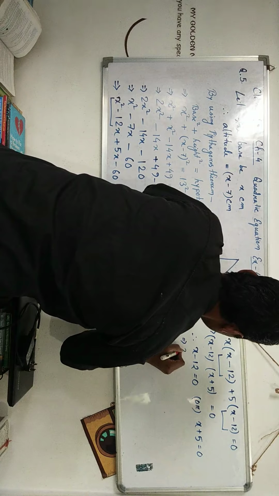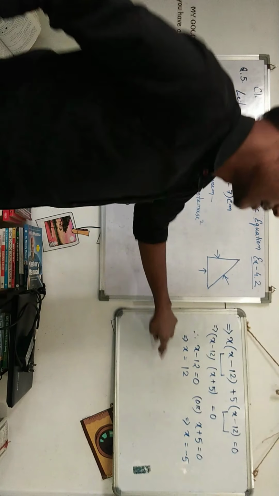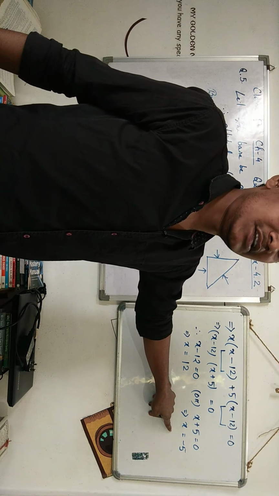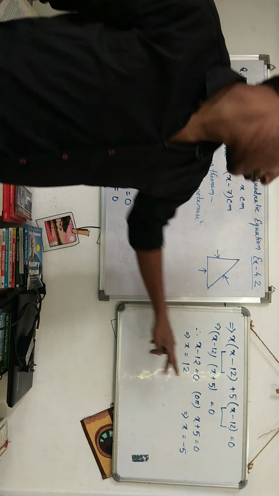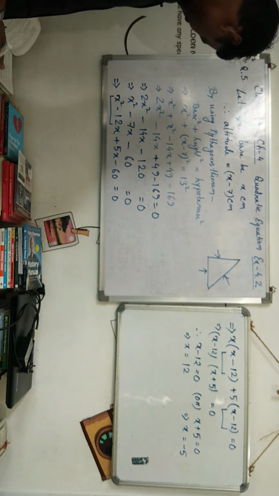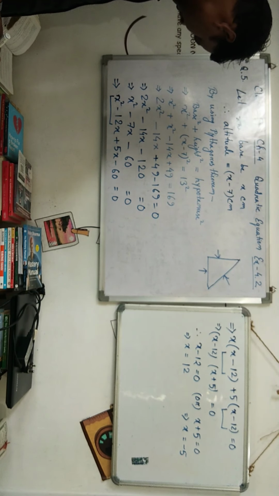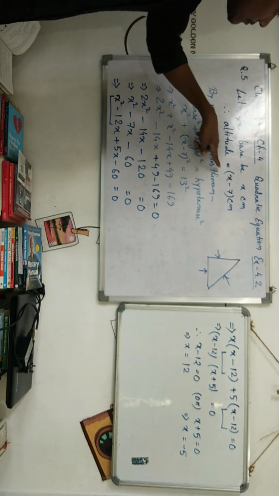So x is equal to 12, and from here x is equal to minus 5. But the answer minus 5 is not possible because length cannot be negative. So the answer is x is equal to 12. We are supposed to find the two sides, base and altitude.